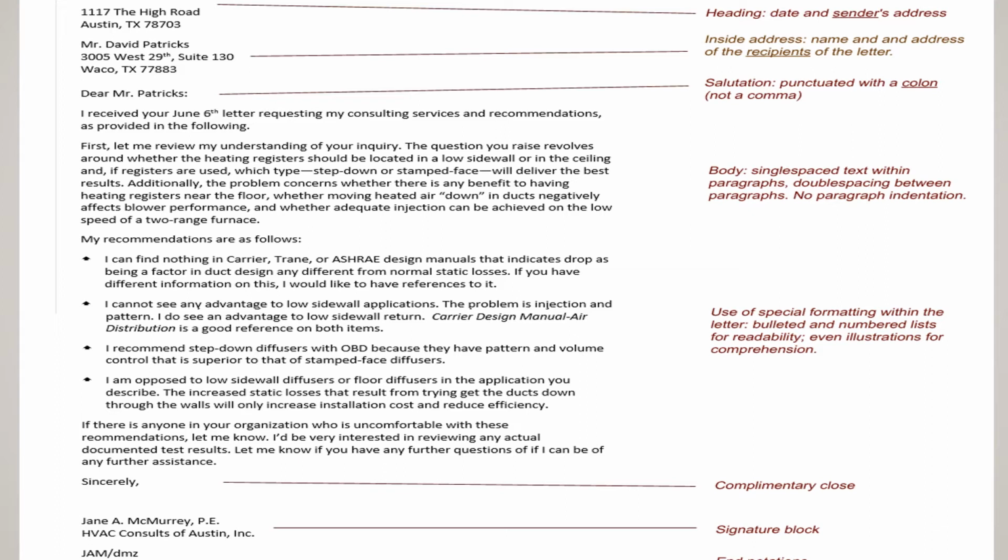Most likely the purpose of the letter is to persuade the reader to do something or change their mind or correct a problem or send money or take action. So whichever case it is, it's good to always strike the right tone.